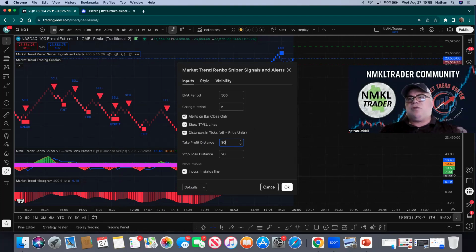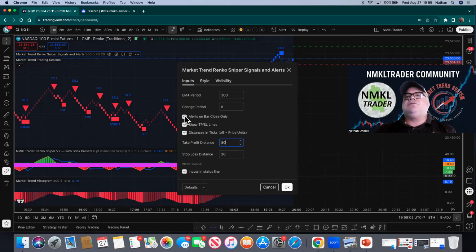It just gives you a visual representation of what the possibilities of stops and losses in the value of ticks could be if you like to have a tool like that on your chart. If you do not like it, you can simply uncheck this here, and it'll go away. Also you want to uncheck this show take profit and stop loss lines, okay? But this gives you a distance to kind of go by, all right?